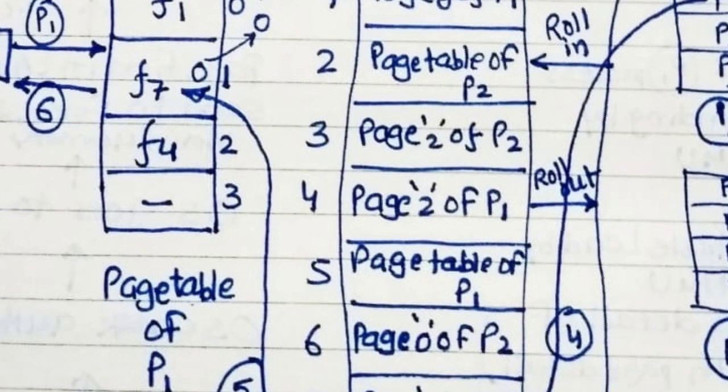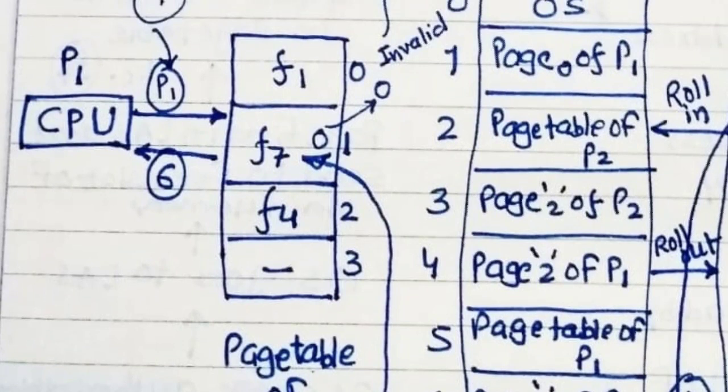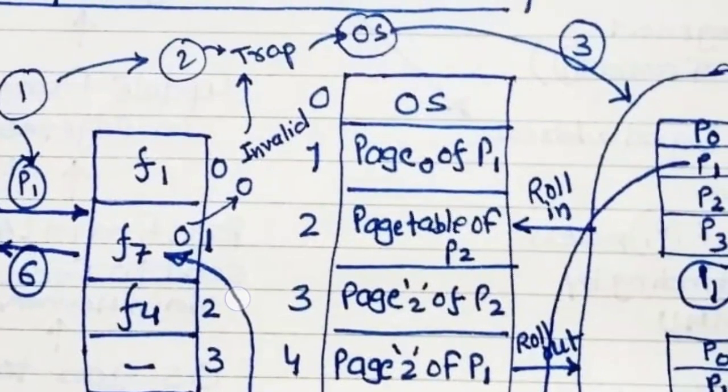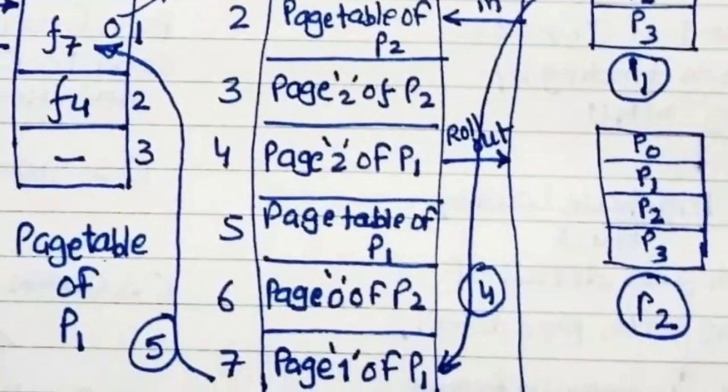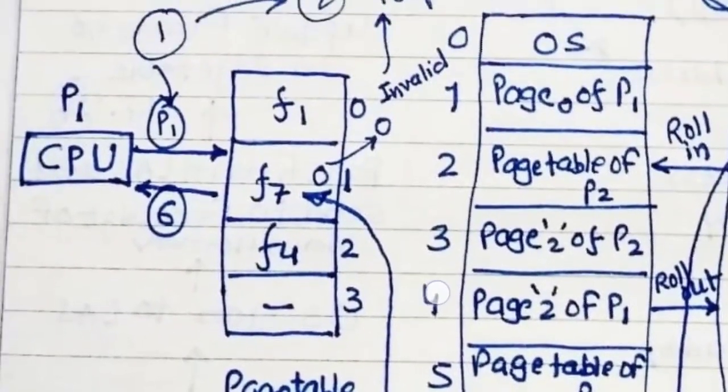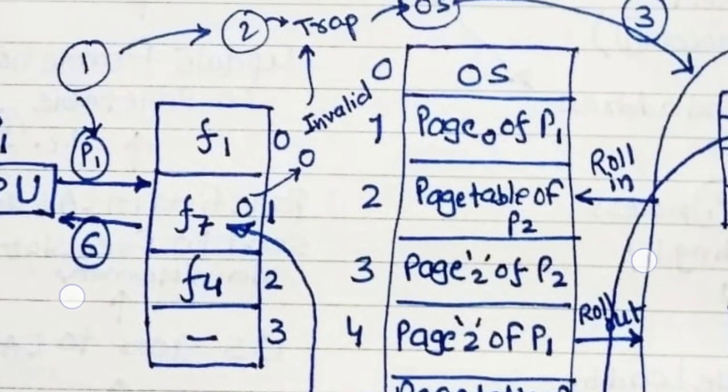In part 5, say frame 7, the page of P1 is inserted in the frame, so we update the frame, and control goes from the OS back to the user. Now the user repeats the request for P1, which is available in F7. If yes, the data is provided to the CPU, and the action is repeated from part 1. So these are the 6 parts by which we can easily understand how virtual memory works.